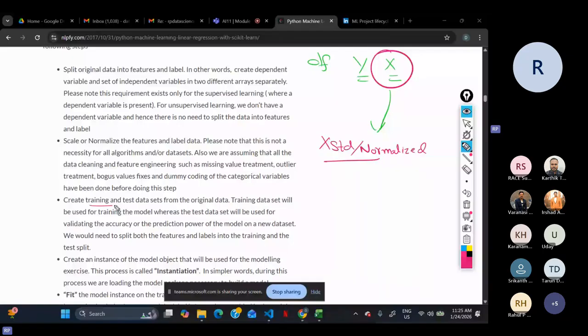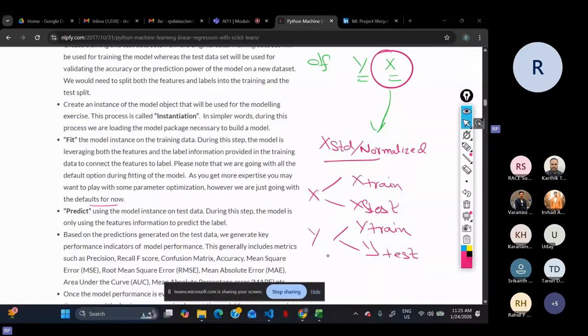So X will be broken into X train and X test, and similarly Y will be broken into Y train and Y test. So far with me, everyone, right? And then moving down over here, you will create your instance of the model.